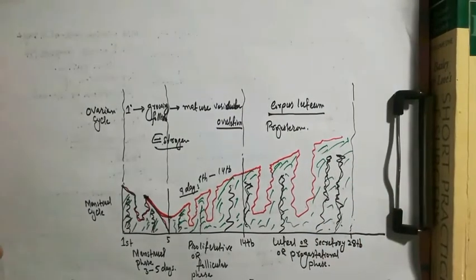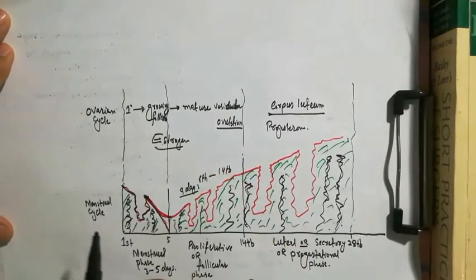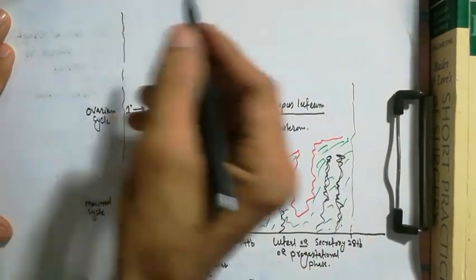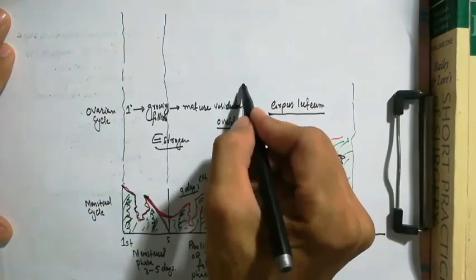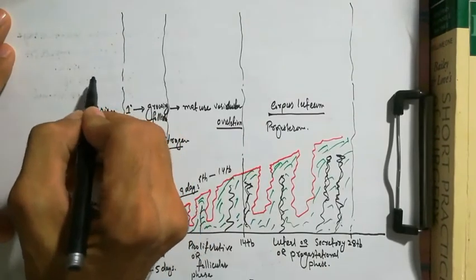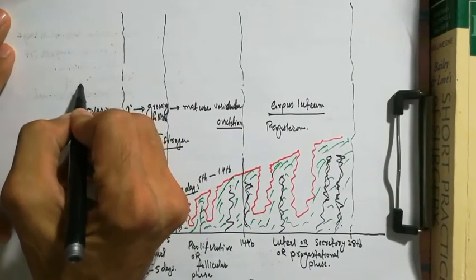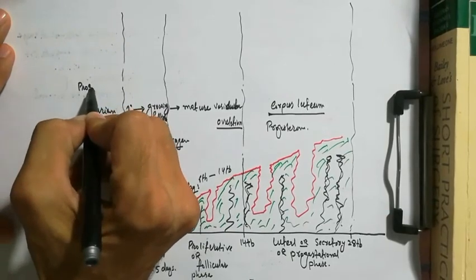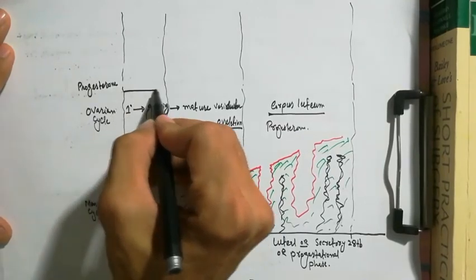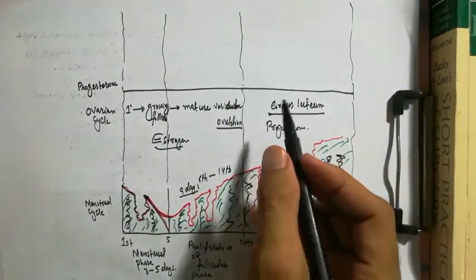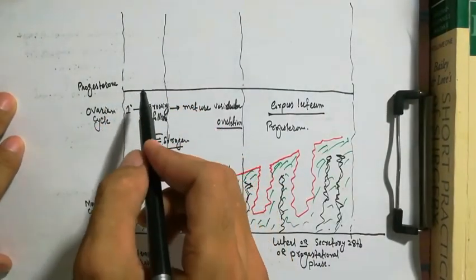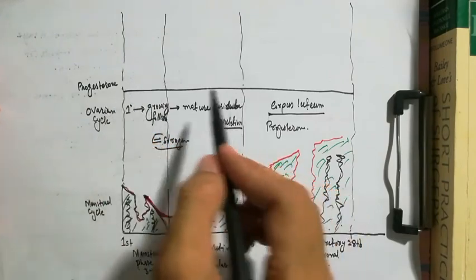Now, level of different hormones in blood during menstrual and ovarian cycle. Progesterone is normally secreted in low quantity, low concentration.